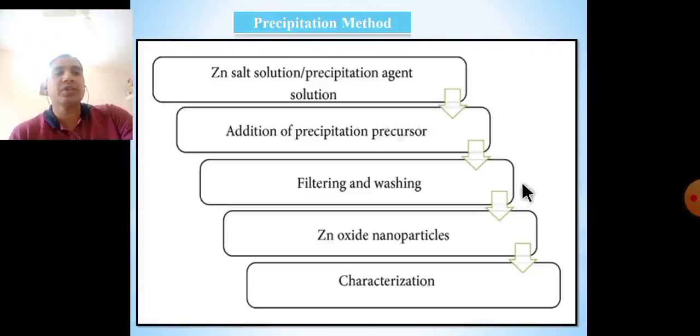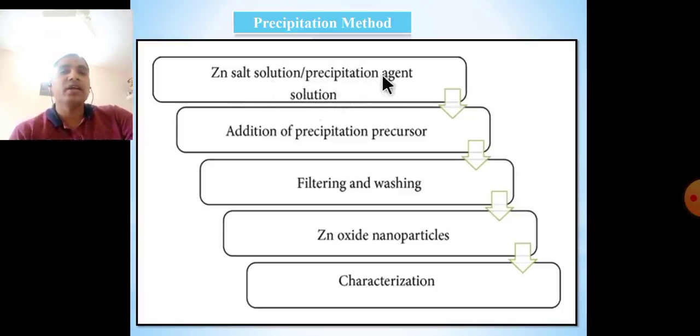Third is the precipitation method. In this technique, a metal precursor is used, that is, for the formation of zinc oxide, zinc chloride, zinc sulfate, or zinc nitrate as a salt of the zinc precursor.